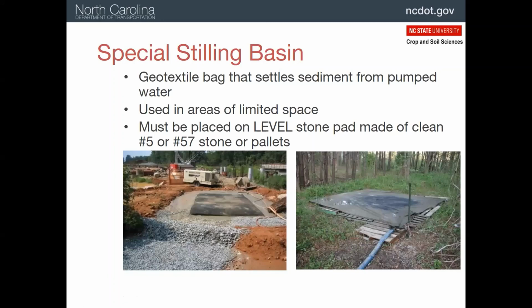So there's a couple of reasons for that. The other thing you want to be thinking about if you're using these bags is, how am I going to remove that bag once it's full of sediment? And I can tell you that it's an afterthought for a lot of people, and it's always a problem, because you really can't lift that bag. The material will rip if you try to lift the bag.